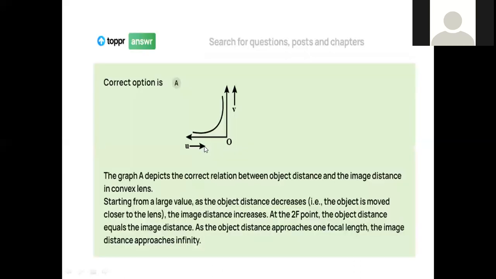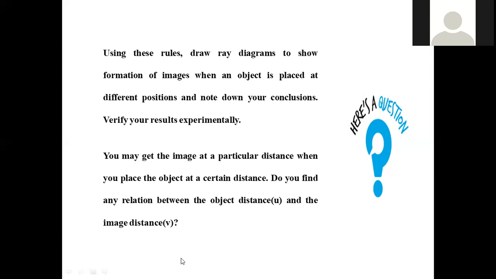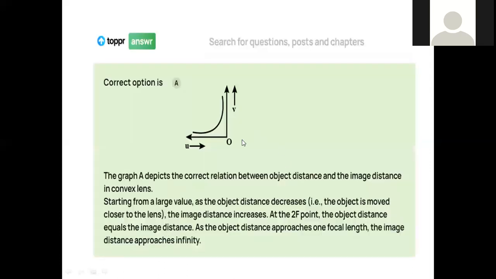That kind of explanation is given in this graphical form, which is collected from the topper. And here, U versus V, we are going to plot. U is nothing but object distance, V is nothing but image distance, right? So when we are changing the position of the object distance, a reciprocal change in the image distance is possible.